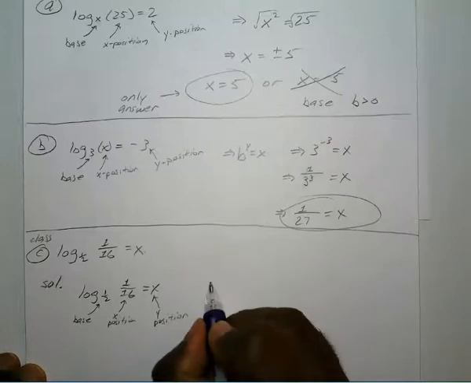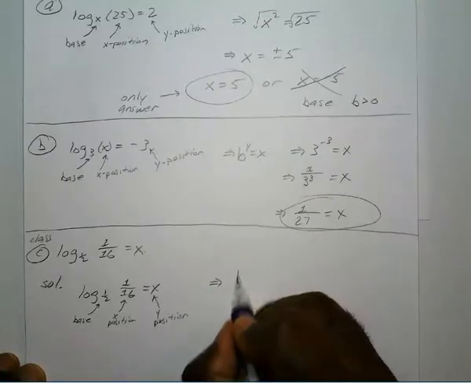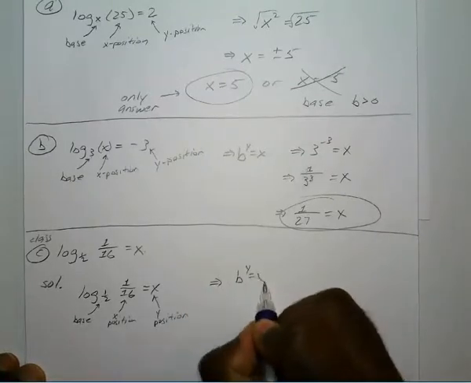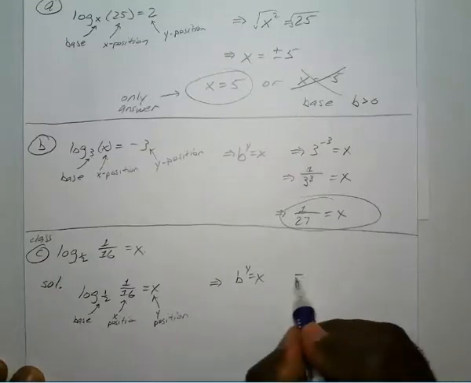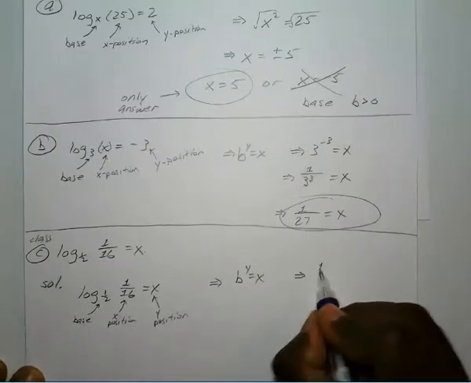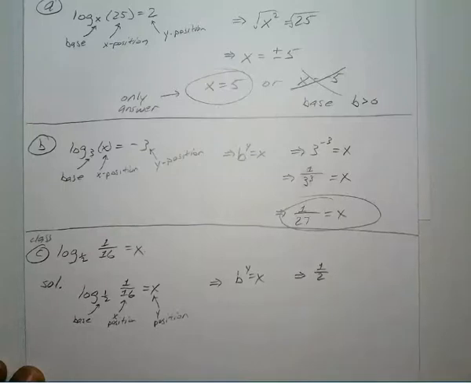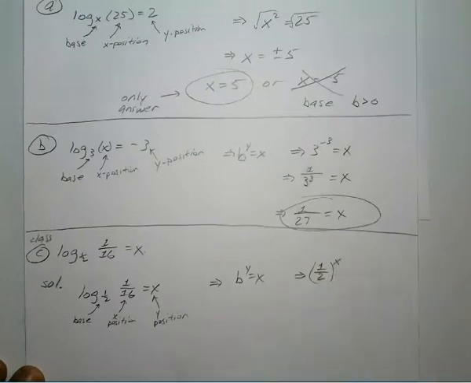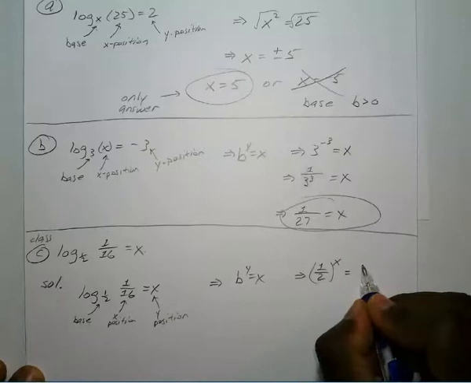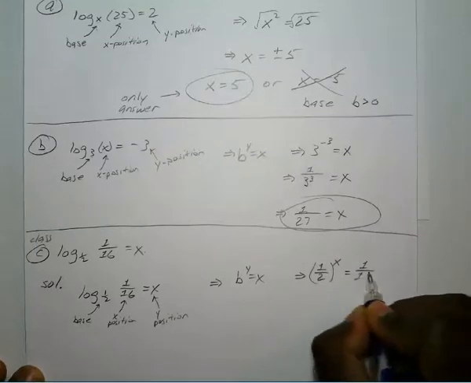Alright, so if we convert that, b to the power of y equals x, our base would be 1/2 to the power of y, that's our y position, equals x, so that's equal to 1/16.